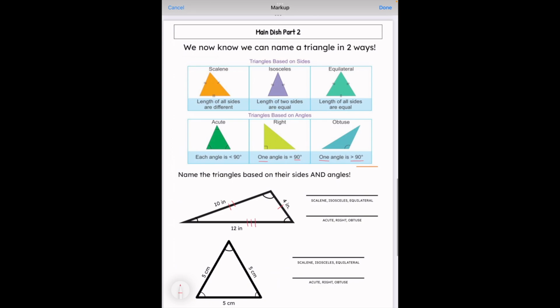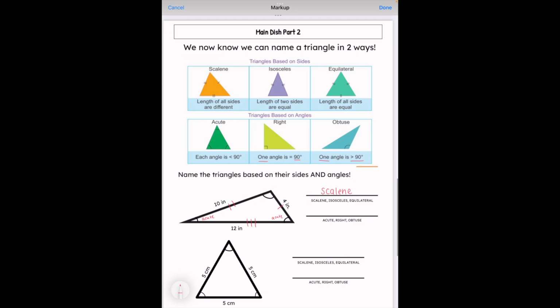And I'm going to determine, is this scalene, isosceles, or equilateral. Looking at the top in my notes, since all of the sides are different, this is going to be a scalene triangle. Now looking at my angles, I can tell that this one is acute. I can tell that this one is acute.